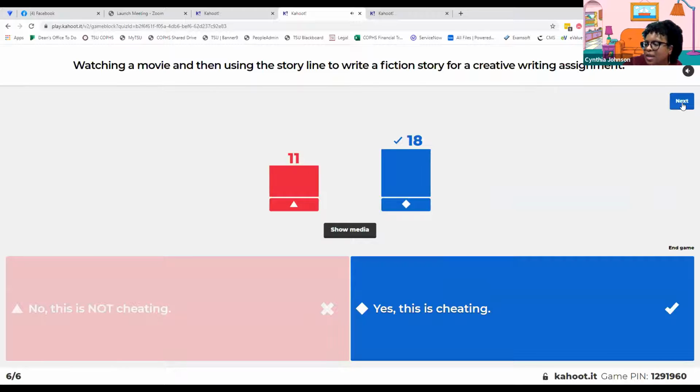That is indeed cheating. It can be a little difficult because it's hard to come up with a new idea. There are so many things that it's hard to come up with now, but you have to cite that idea. You have to tell where your idea came from. And so if you don't, that is indeed considered plagiarism.